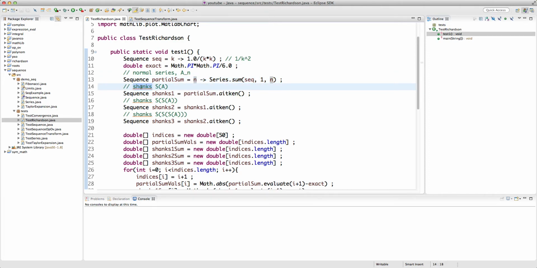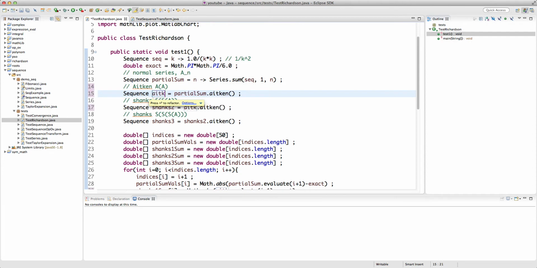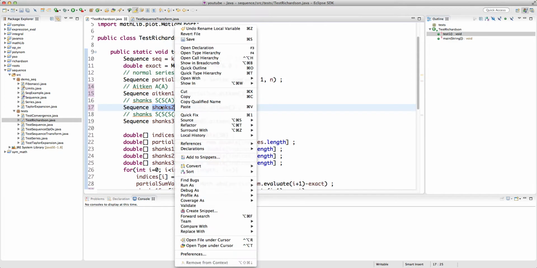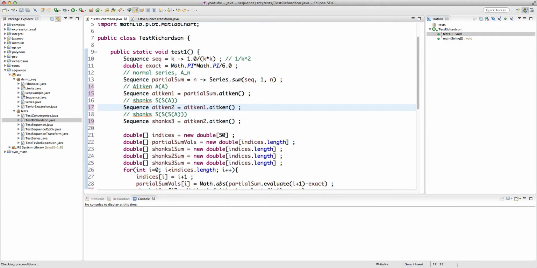And then we're going to Aitken it, so let's call it A. And then let's just refactor, rename, Aitken 1. And this is going to be Aitken, maybe also refactor, rename, Aitken 2.